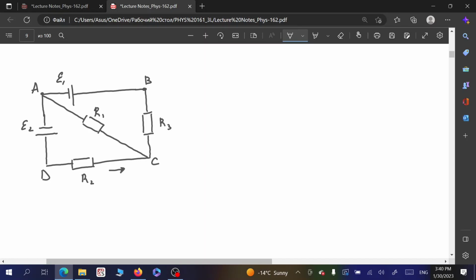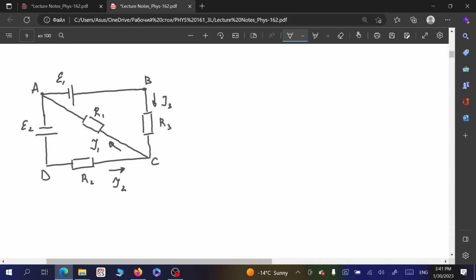So here we will have I2, here will be I3, and here will be I1. So this is our electric circuit, which consists of two batteries, with electromotive force epsilon 1 and epsilon 2, and three resistors, R1, R2, R3.